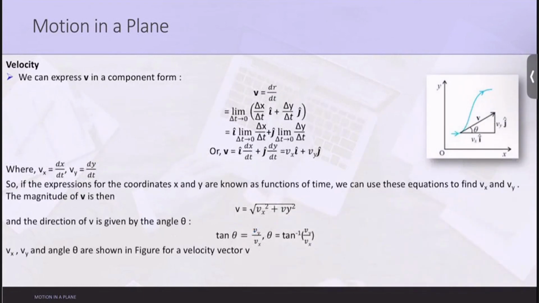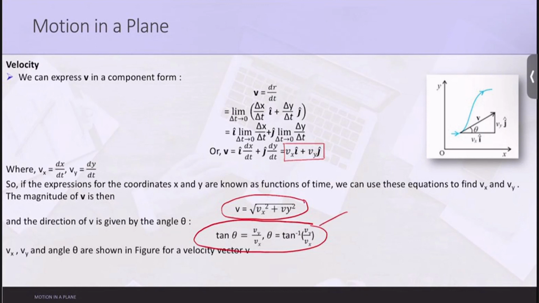And finally, we obtained that in the same form as vx i cap plus vy j cap. So if vx and vy are known to us, we can calculate the velocity as under root of vx square plus vy square. And similarly, tan theta is equal to vy by vx. Therefore, theta is equal to tan inverse of vy upon vx.